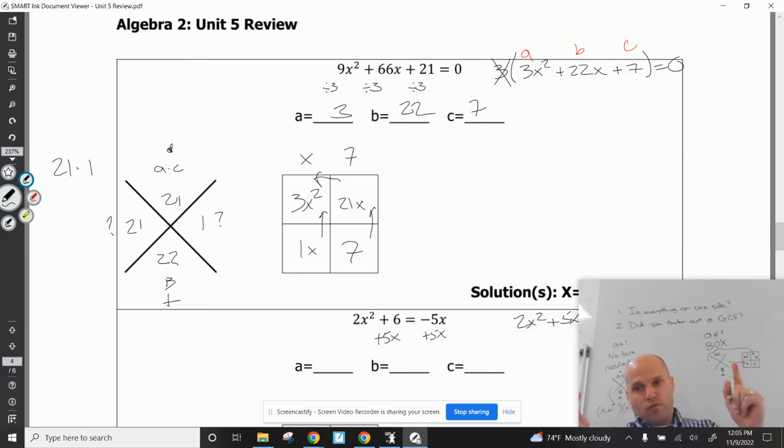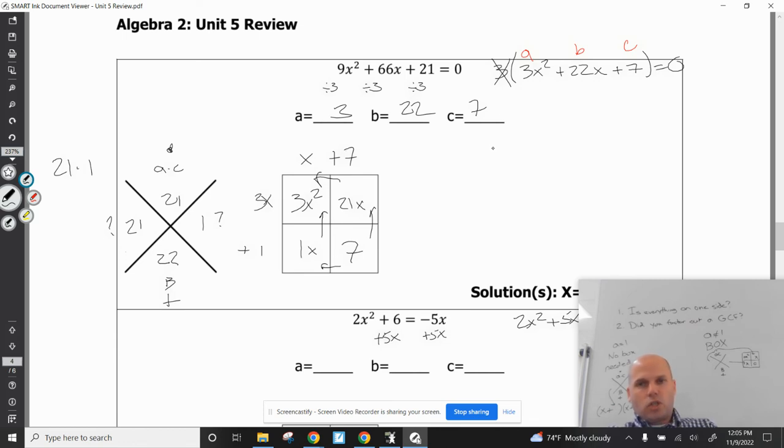If I'm going too fast, you can pause. A 3x, a 1. Double check, pretend that this isn't filled out. If you distributed x plus 7 and 3x plus 1, does it fill out the box correctly? 3x squared, 21x, 1x, 7. Yes.